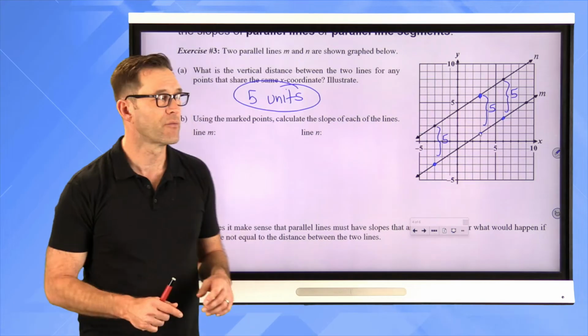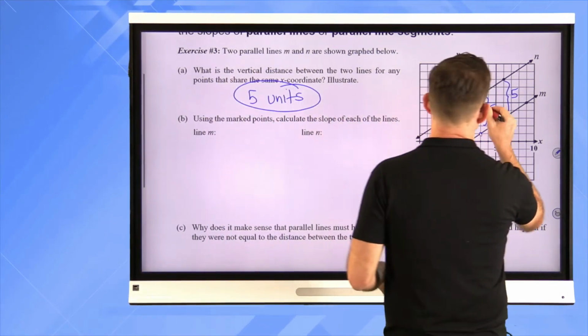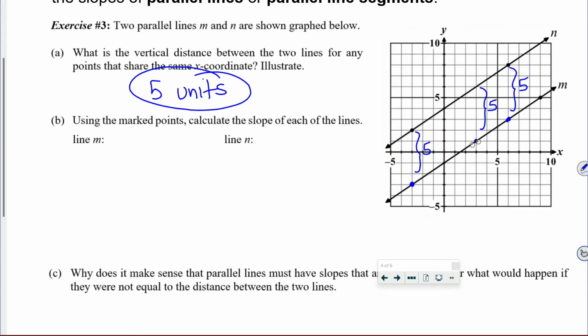All right, now I've written all over this thing, so it's a little bit hard to even tell what the marked points are. But for M, the two marked points are here at (3, 1), let's mark these down, and this point at (9, 5).